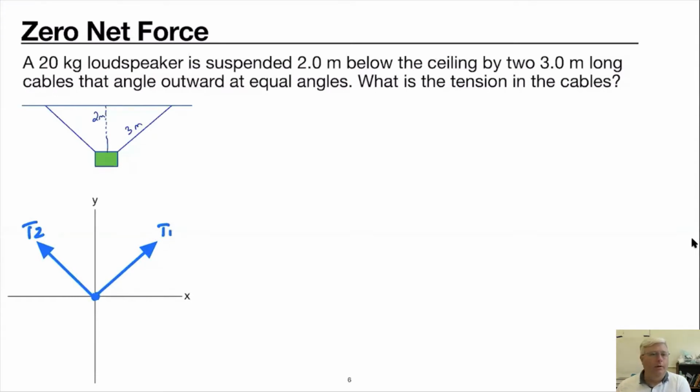And what other forces do we have going on here? Well, now that we actually have an object that has mass, right? We can't ignore the 20 kilograms. Well, now we have the force due to gravity, and that always points straight downward.